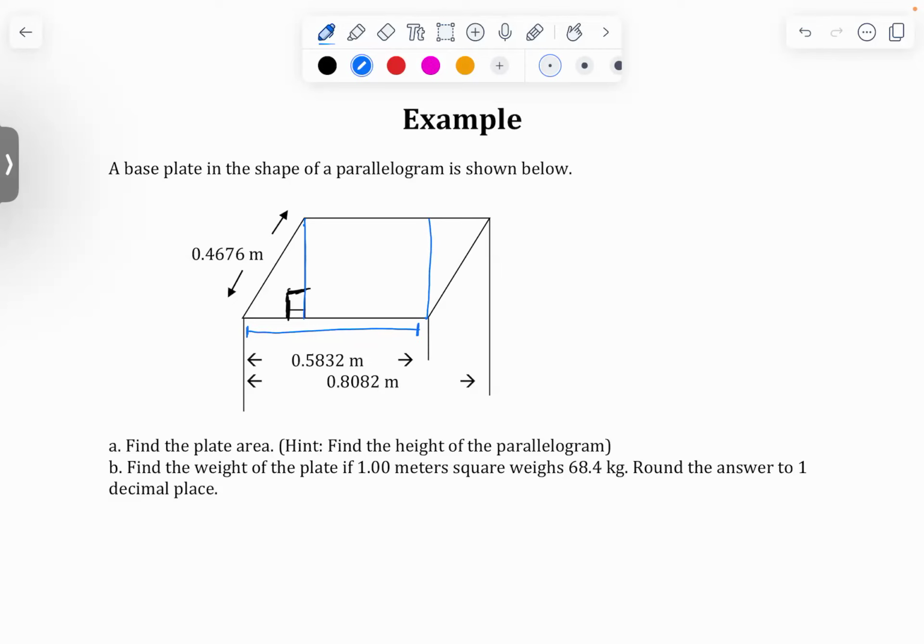Since I see that's a right angle, I can actually make a smaller triangle with our distances there. So I see that 0.8082 and 0.5832, if I subtract those two, I'll actually get the distance of the base of the triangle.